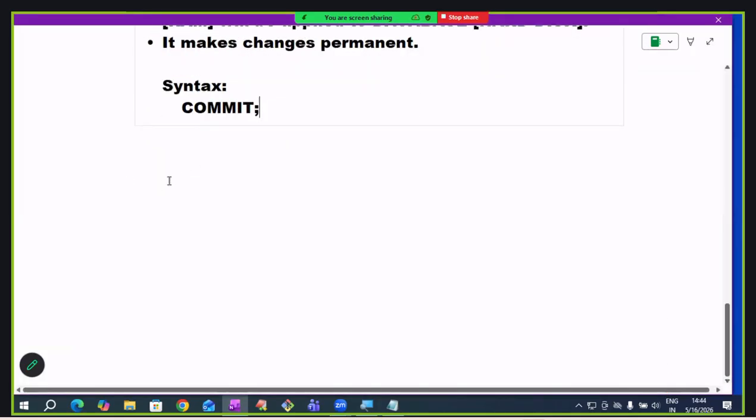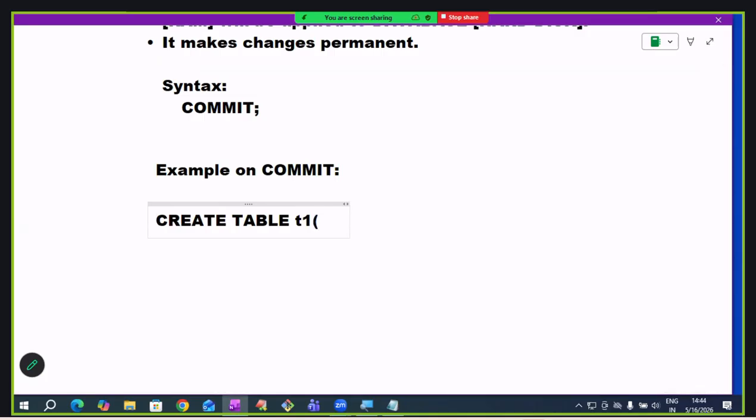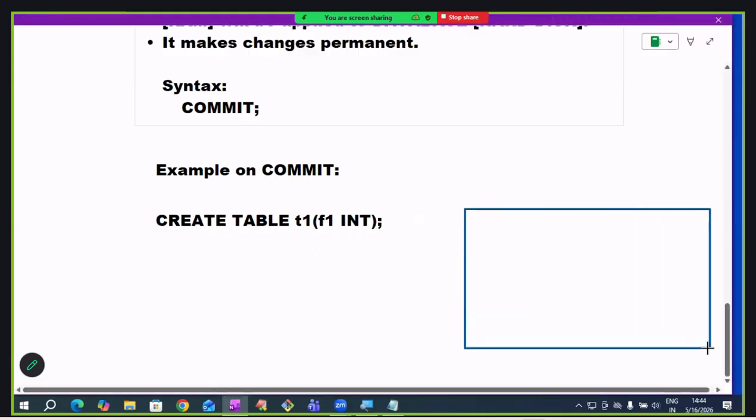Understand here. See one example on commit, sir. Understand this now. I'm writing like this: create table T1 with column F1 of a data type. Now the table is created, sir. Okay, this is the Oracle database server.